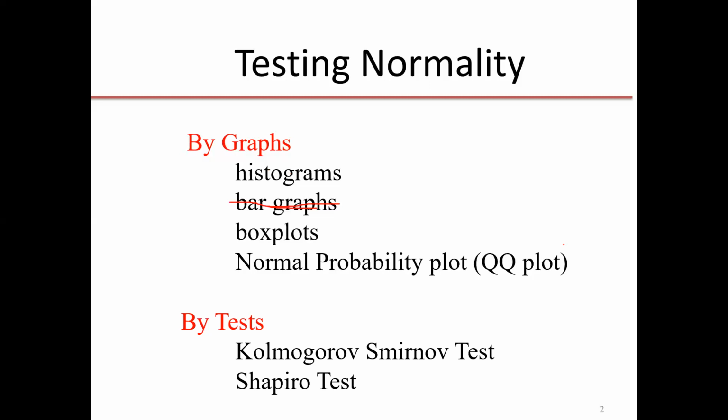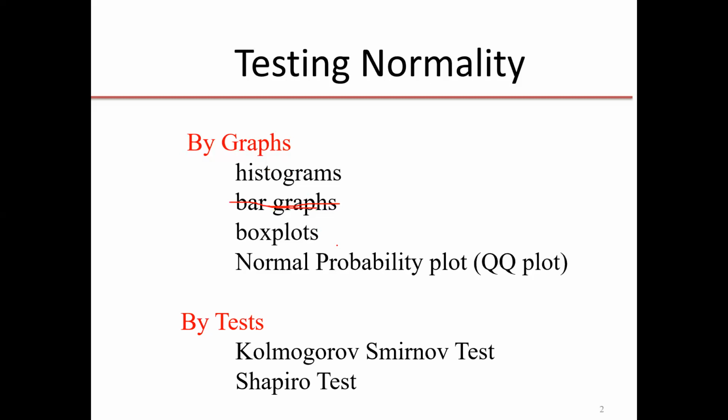I am not discussing histogram and box plot in detail in this presentation because this was part of the previous lecture. But in SPSS, normal probability plot as well as histogram are to be constructed. We may have the box plot in our outputs.